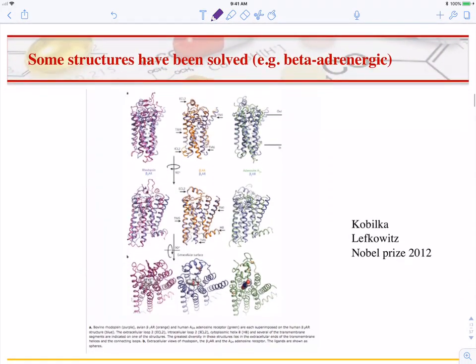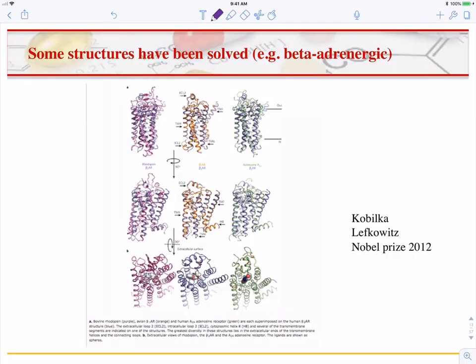One of the complications was that until recently, it was almost impossible to know what they looked like. However, in the last 10 years, we have had advances in structural biology, and so we have been able to solve the structure of some of the membrane receptors.